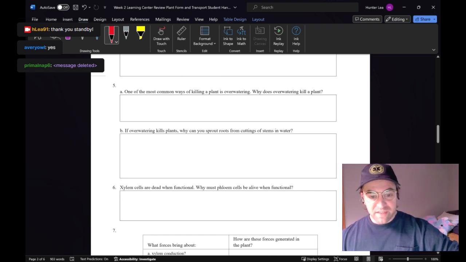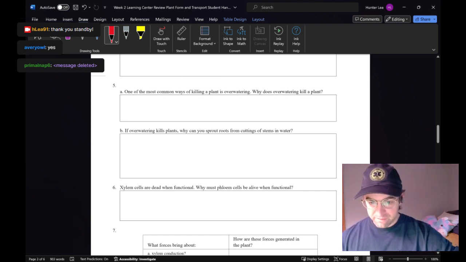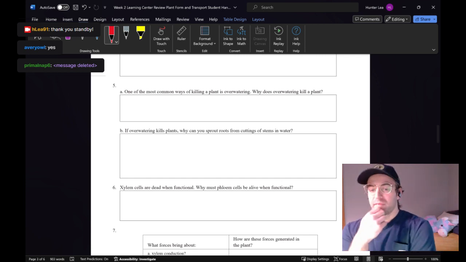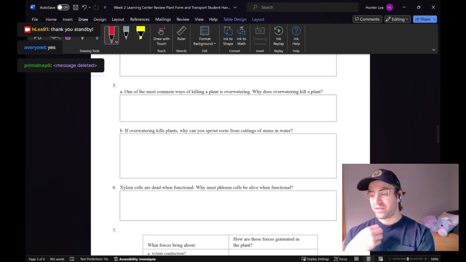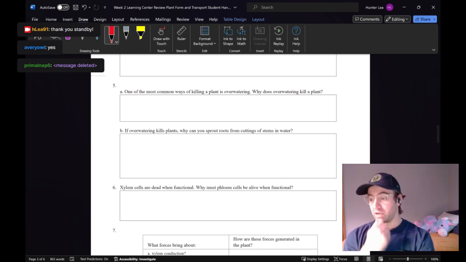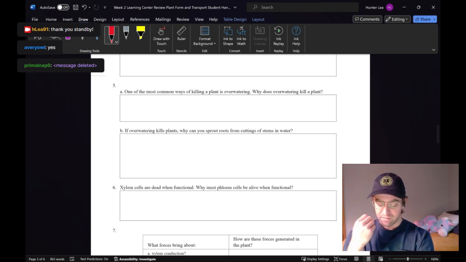One of the most common ways of killing a plant is overwatering. Why does overwatering kill a plant? Now, if in the previous problem the water potential of the soil was insufficient, can we solve this by just throwing more water into the soil? The answer is not necessarily, right?